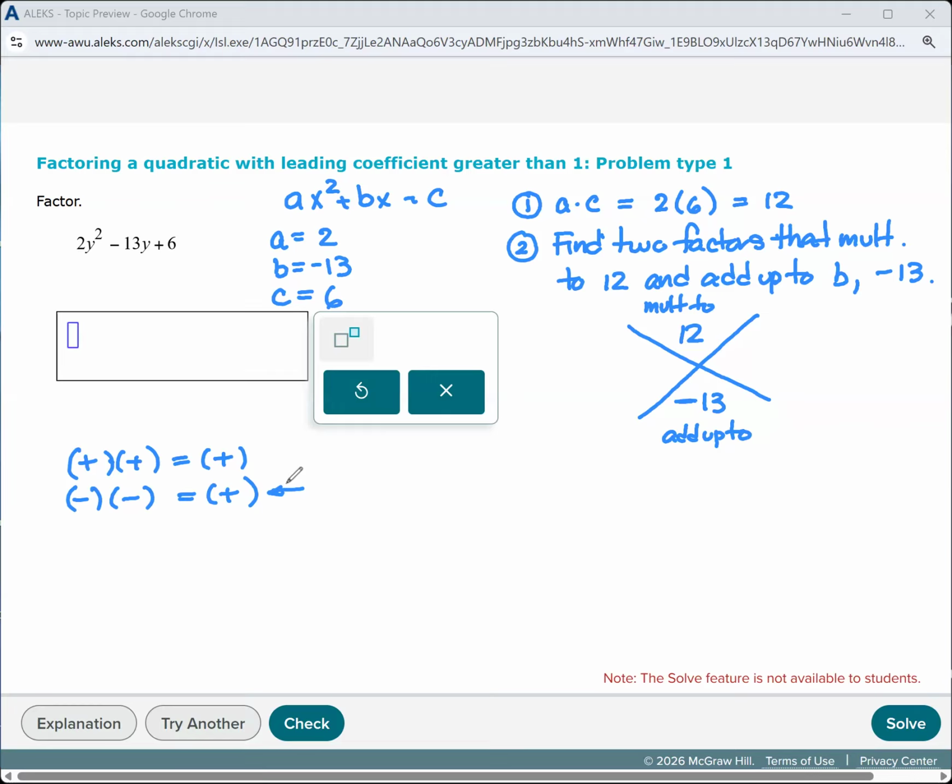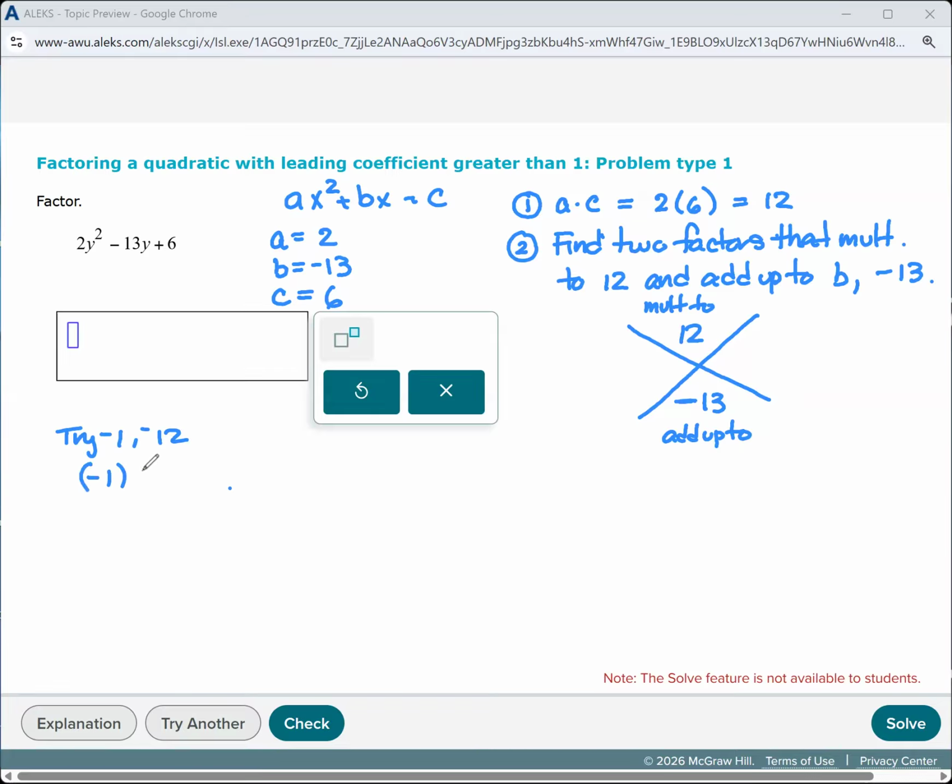And I think, oh, hey, look, 12 and 13, 12 and 1, right? So if I multiply 12 and 1 together, I get +12, right? Try 1 and 12. If I multiply those two together, but I said that they have to add up to something negative. So I could try -1, -12.